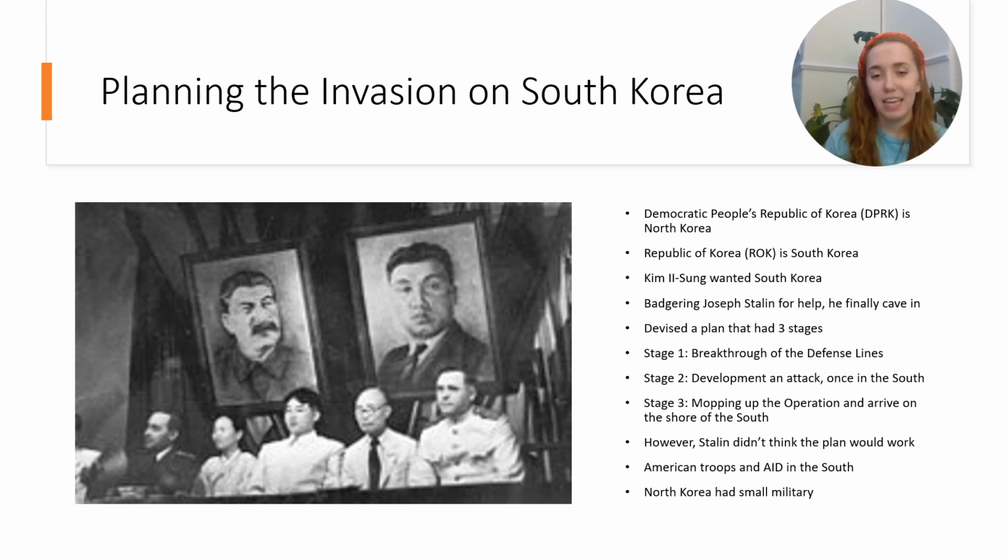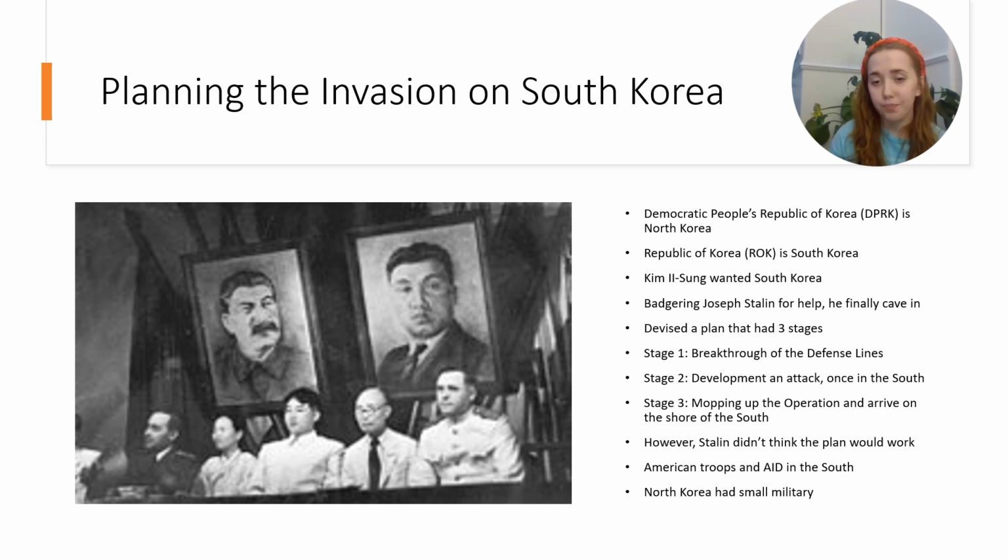Later, Kim Il-sung was badgering Joseph Stalin for help. Later, he finally caved in, and they sat down for dinner, devising a 3-stage plan. The first stage is breaking through the defense line, which means the 38th parallel.